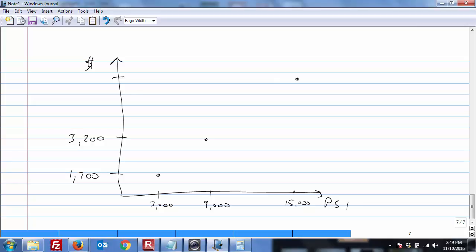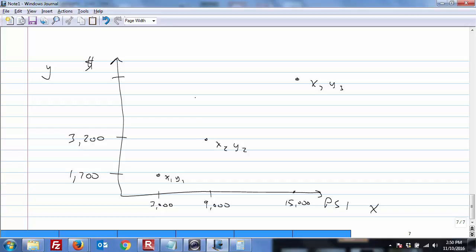The way I would tackle this, let's call this X and this Y. This is going to be X1, Y1, this is X2, Y2, and this is X3, Y3.